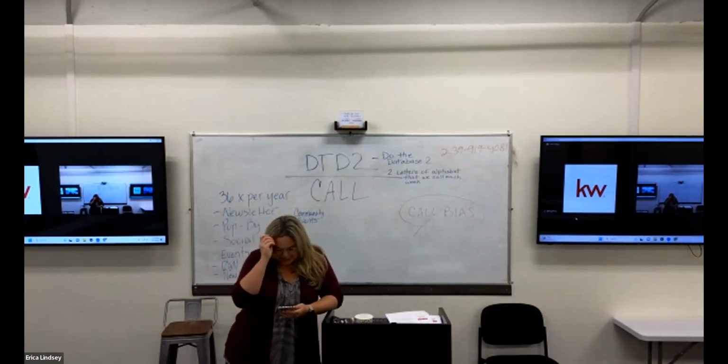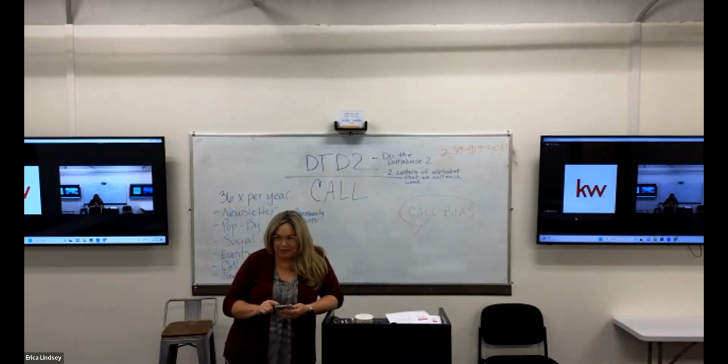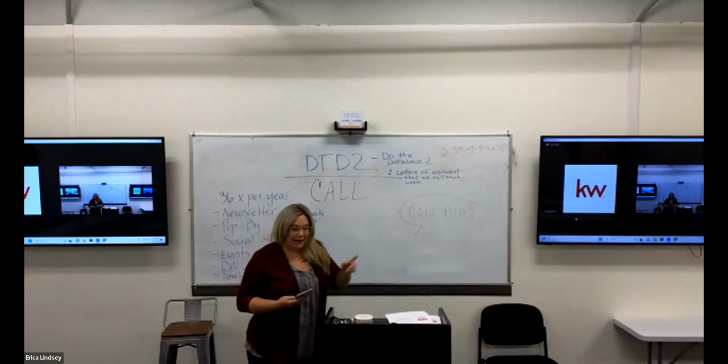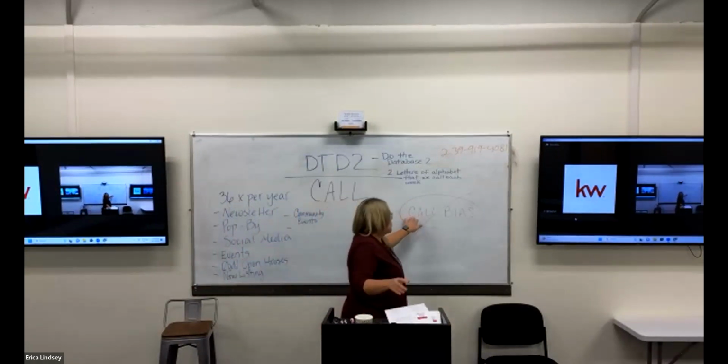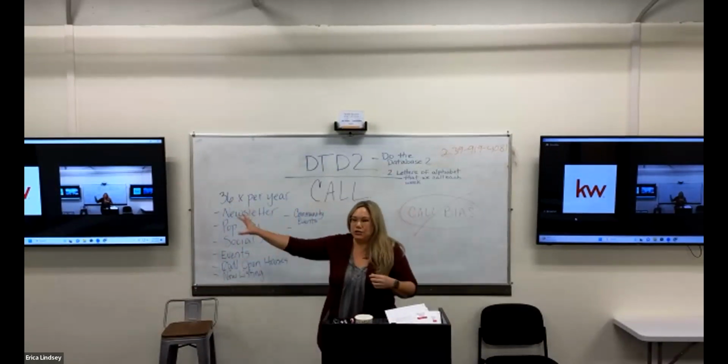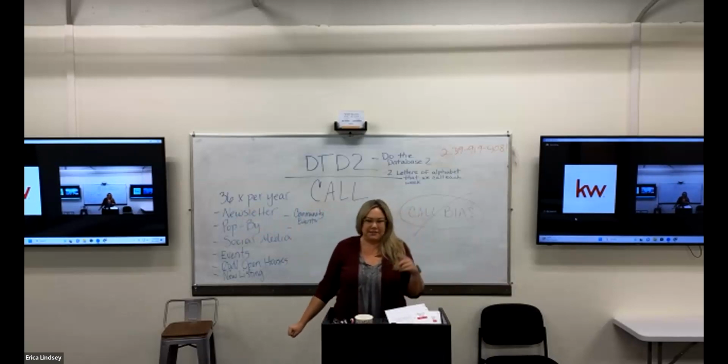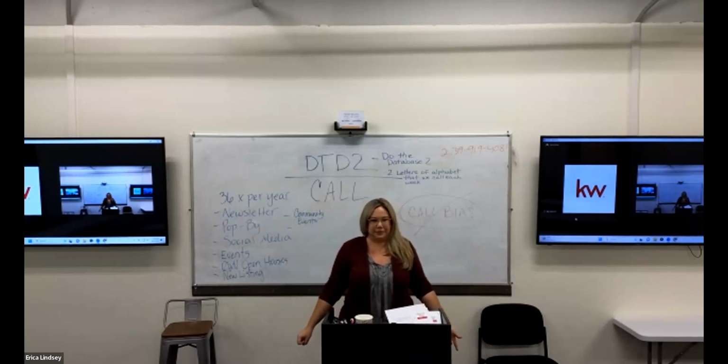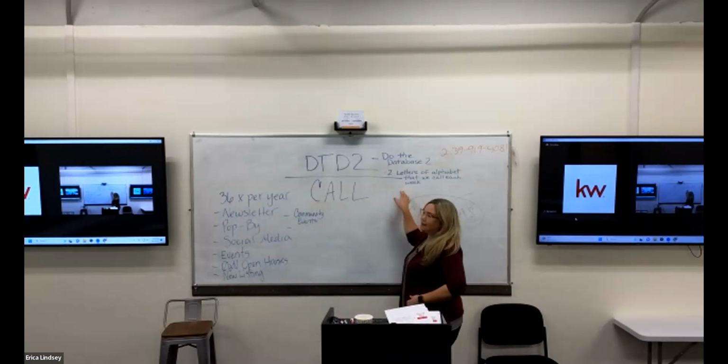They're not going to be buying a house this year. I haven't talked to them in a couple of years. No, they just bought a house. Have you ever done that? That's called call bias. Meaning we decide who does and doesn't need to hear from us based on what we tell ourselves. This system eliminates that.